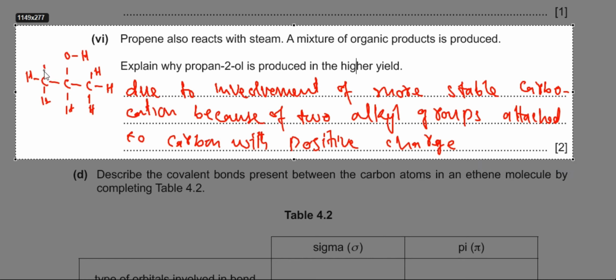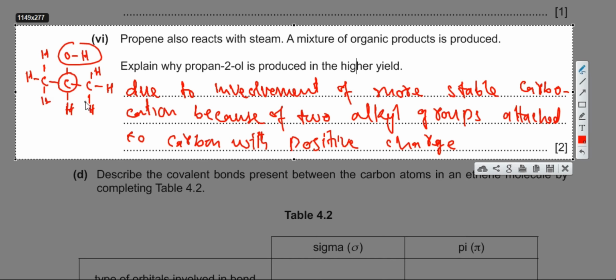The OH is attached to a carbon, and that carbon is further bonded to one hydrogen and two alkyl or two carbon-containing species. If I remove just this, this carbon atom becomes a carbocation, which is a secondary carbocation.